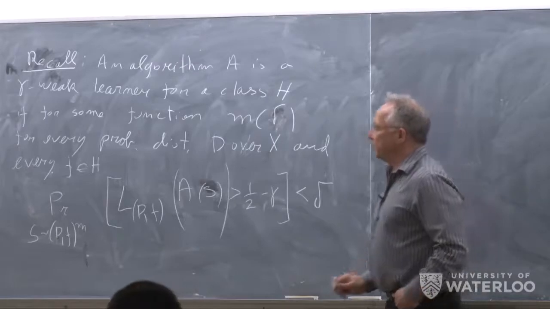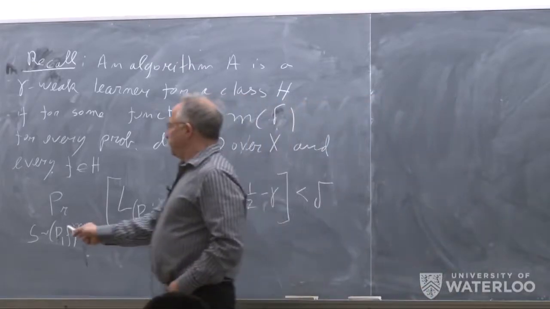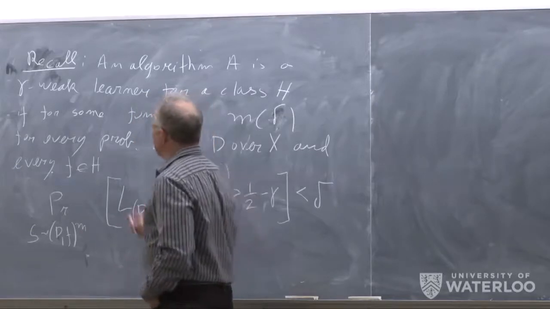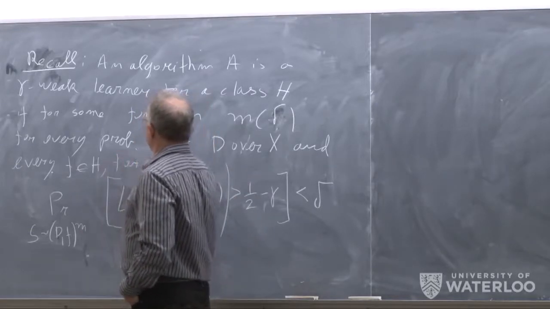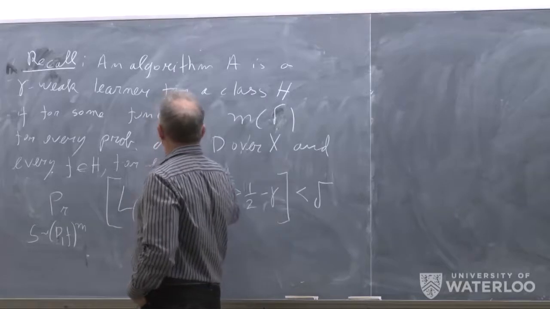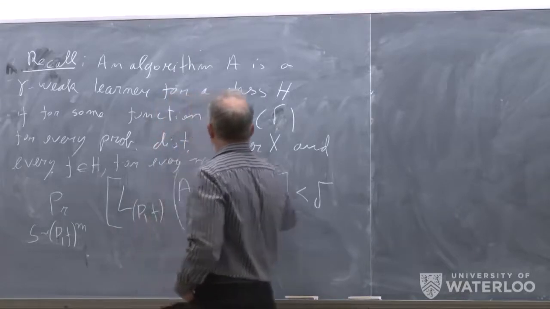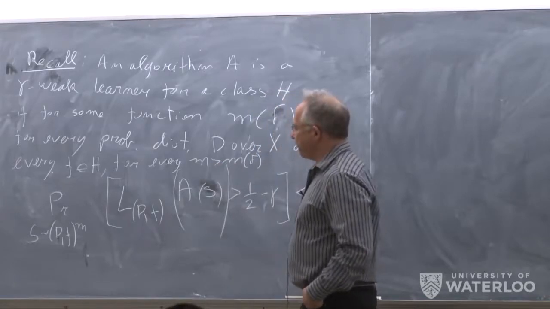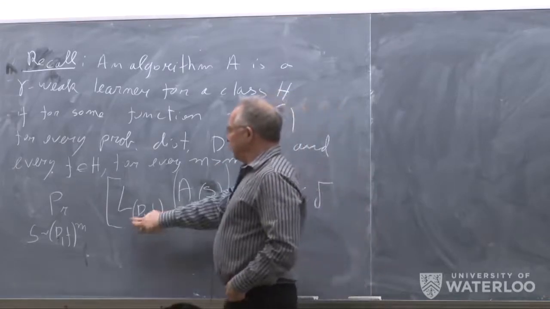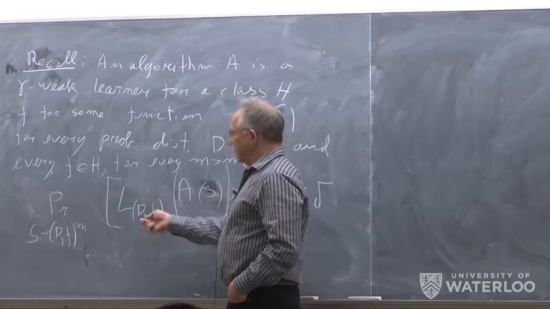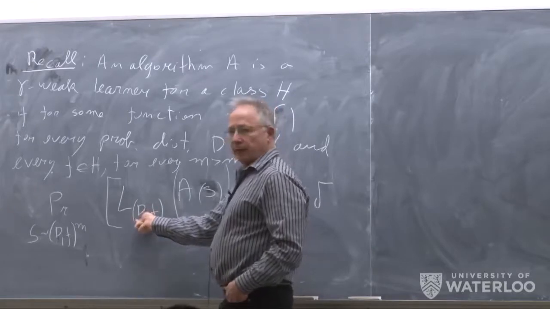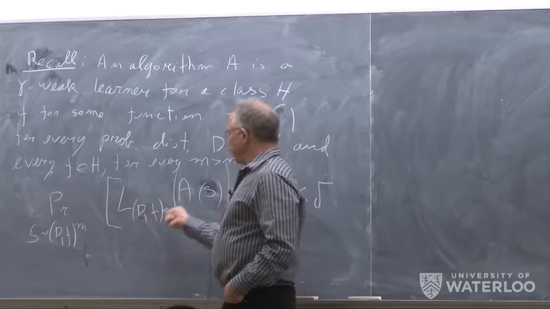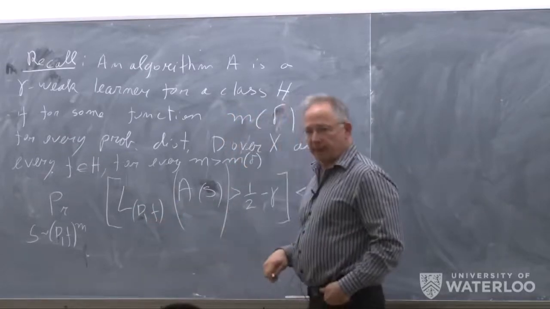So we have this sample size bound. If the sample size is big enough, for every m greater than m of delta, then we look at our error with respect to drawing a random point x from D and labeling it by f, and we compare it to what A of S is saying.